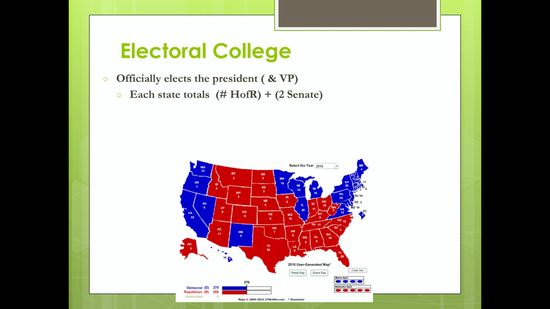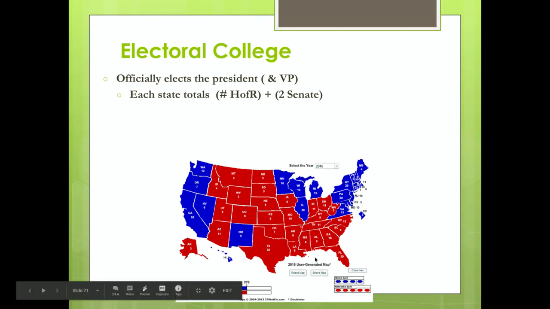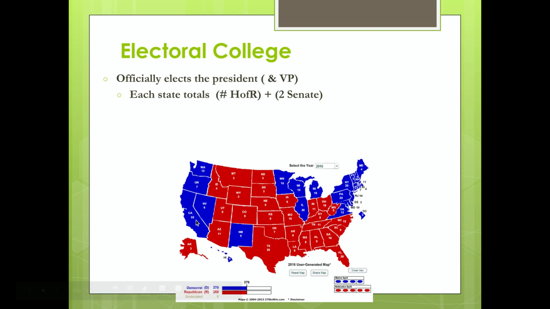So California, during the presidential election, plays a huge role because of the number of House of Representative members that they have. And of course, they get to cast more votes than, say, South Carolina, who only has 9. California has 55. But the total number will go towards the candidate who would win the popular vote in that state.